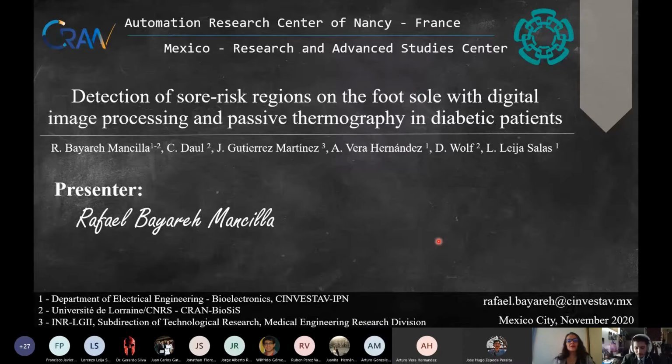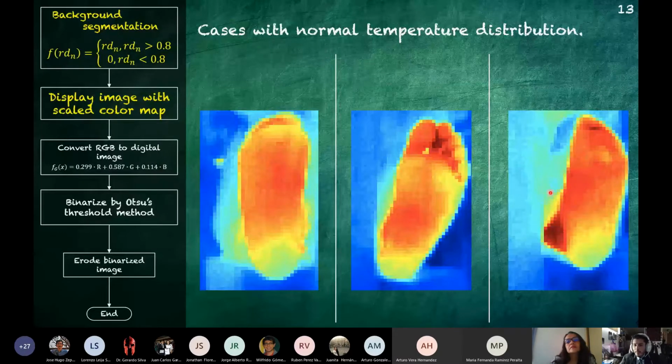Hello. So the position of the foot, does it have any influence on your results? For example, if it's fully erect or inclined to one side or the other, does it have any influence on the temperature, or is it not an important factor? Yes, it's an important factor. Let me find the corresponding slide.